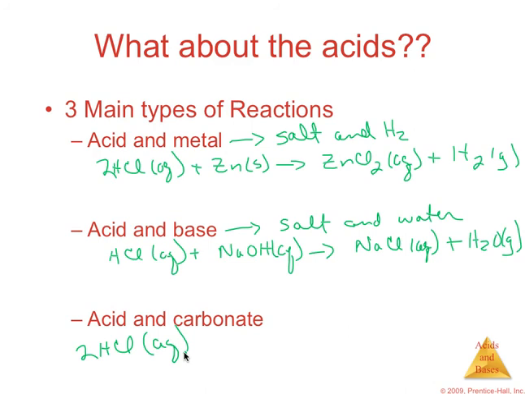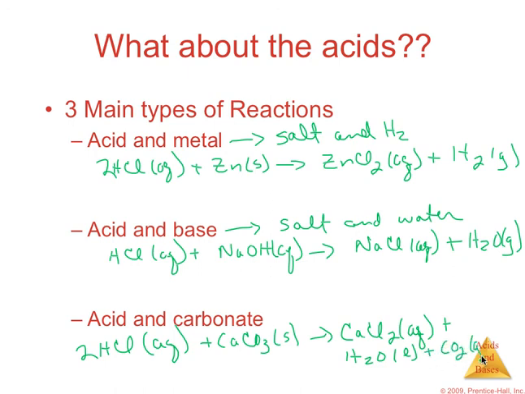We'll stick with hydrogen chloride or hydrochloric acid and my calcium carbonate. You should be fairly familiar with this reaction, yielding calcium chloride salt and water, sorry, and CO2 gas.